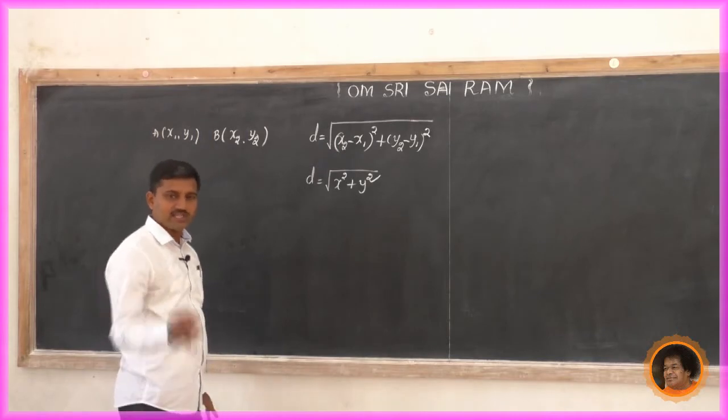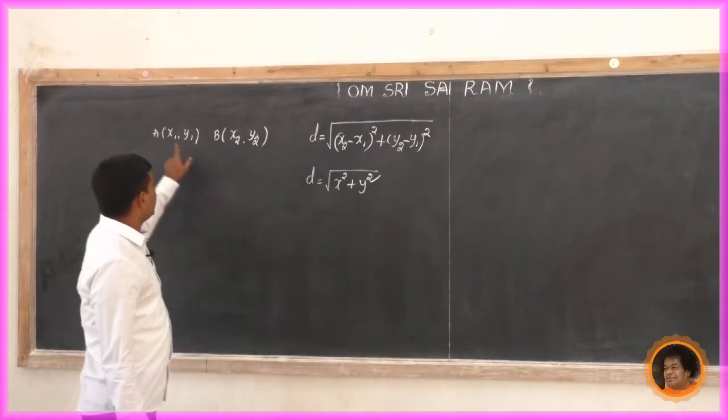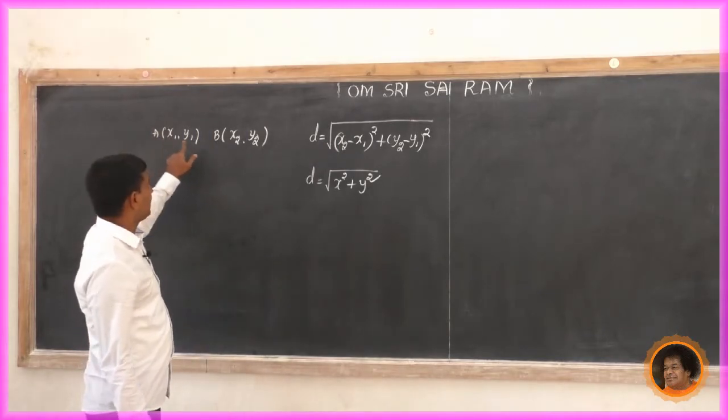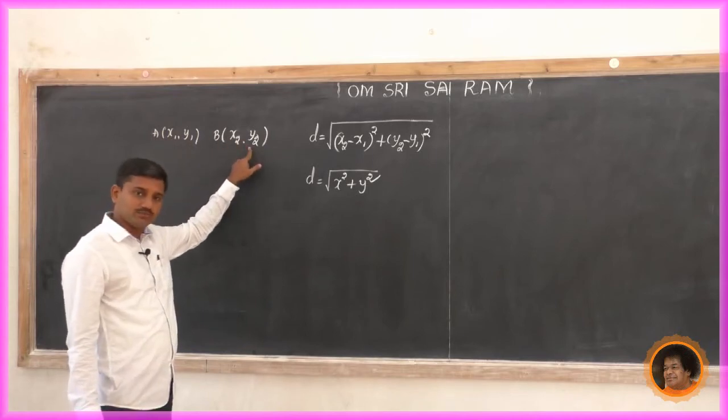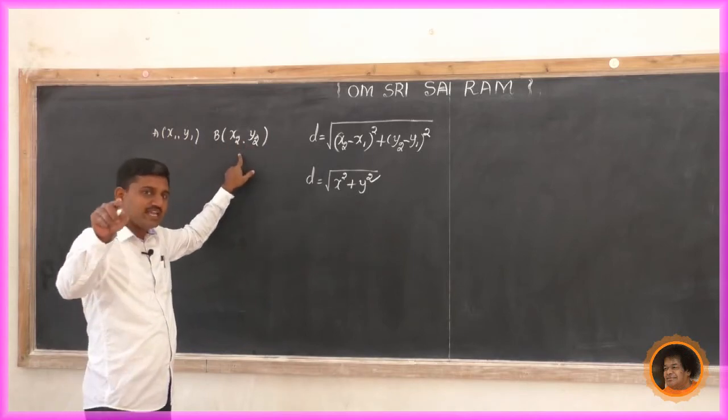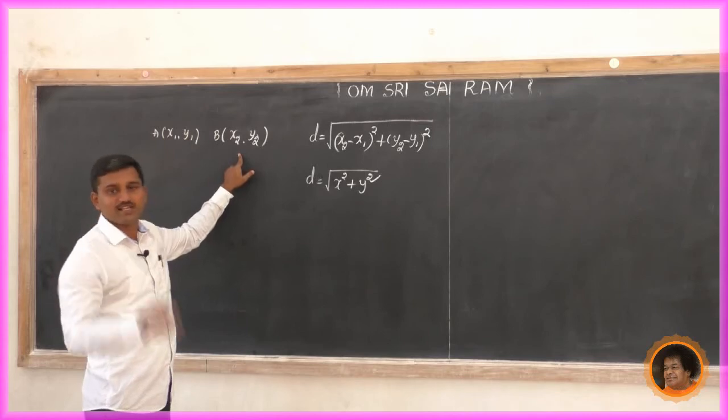And the next one is the section formula. Let the point A be x1, y1 and B be x2, y2. The line joining A and B is the line segment AB.